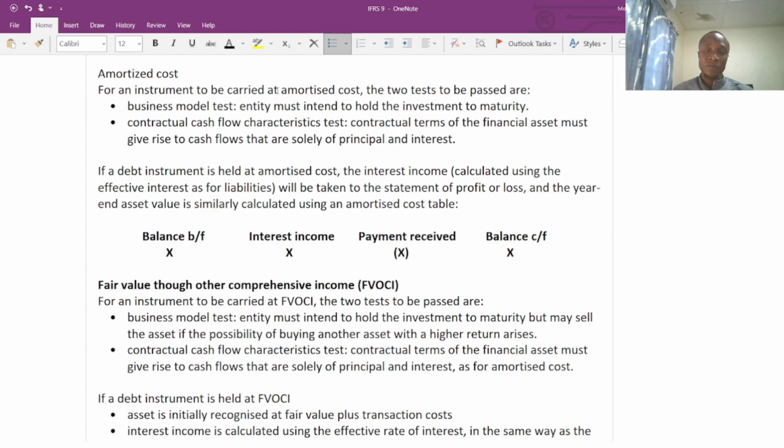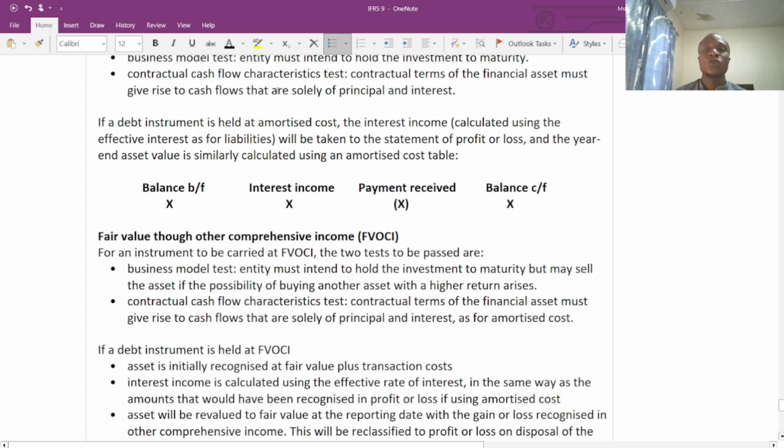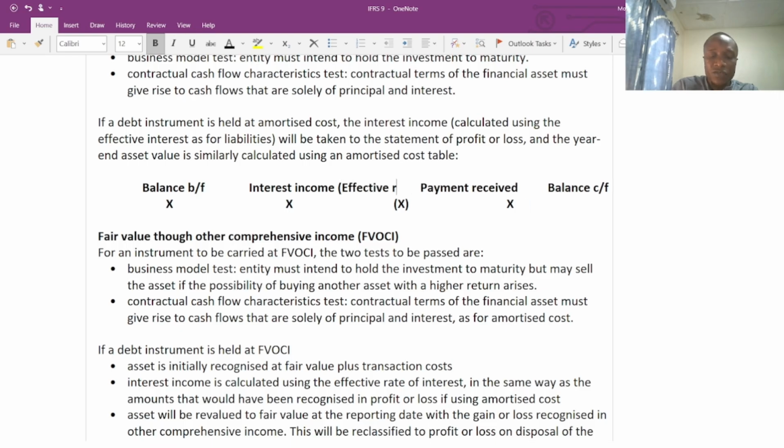You can remember we are going to calculate it using the effective rate. The effective rate interest will be taken to the statement of profit or loss, and the year-end value is similarly calculated using the amortized cost table. So now we are going to look at it. Very simple. We are going to look at the interest income. This we are going to calculate using the effective rate.